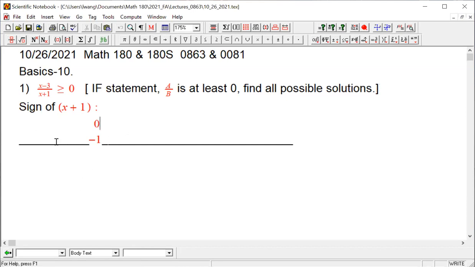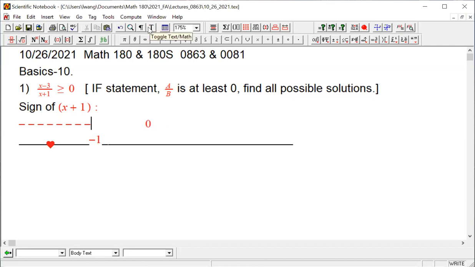When you pick any value less than negative 1 and plug into x plus 1, you get a negative number. If you pick negative 2, or negative 3, you're going to get a negative number. And we only care about the sign. So in this case, we get a bunch of negative signs here.